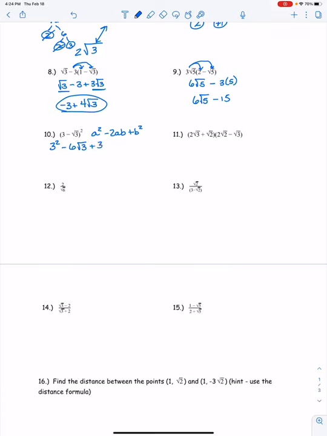So now 3 squared is going to give me 9. So now I can combine 9 and 3, which gives me 12 minus 6 the square root of 3. Okay? Everybody good?